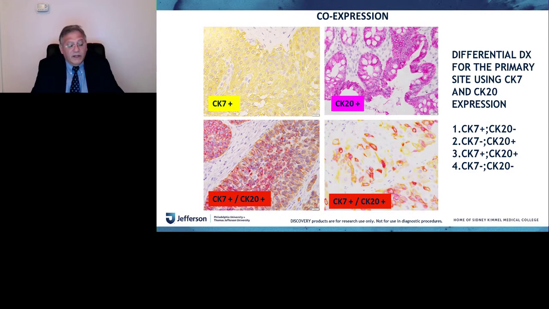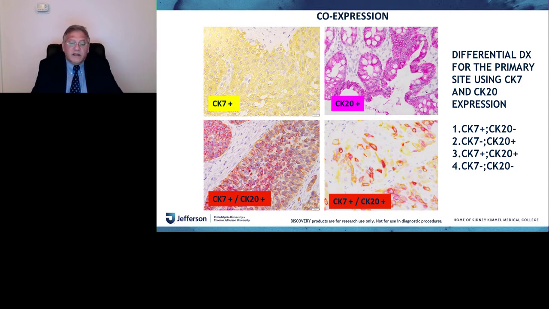The next thing we did is we tried to take advantage of the differential stain of CK7 and CK20. Those of you that are practicing pathologists know that these are 2 markers that we use to try to figure out, in cases of unknown primaries, where tumors may be coming from. On the top, you have CK7 as yellow.